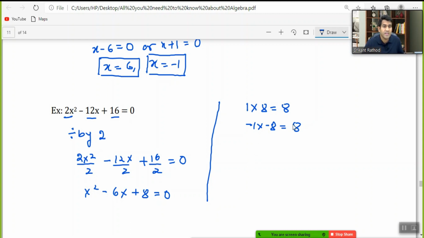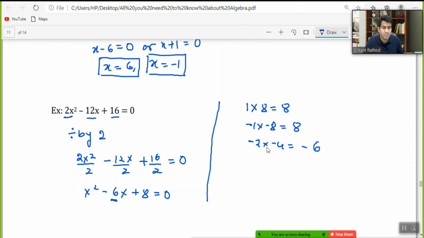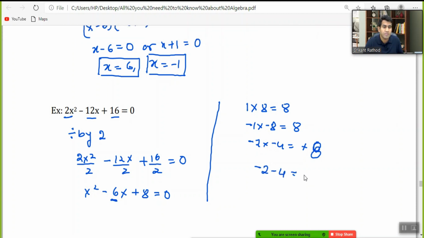So this 8 can also be written as minus 2 times minus 4. You have to take the factors or the numbers by considering that when you add them, you should get the middle term, right? So minus 2 times minus 4 is going to be plus 8, and when you add them, minus 2 minus 4, it's going to be minus 6.